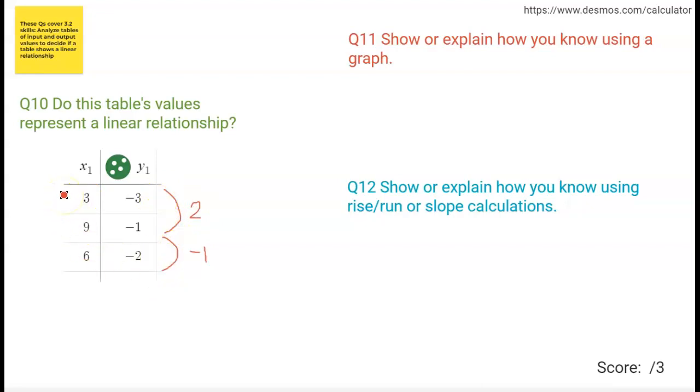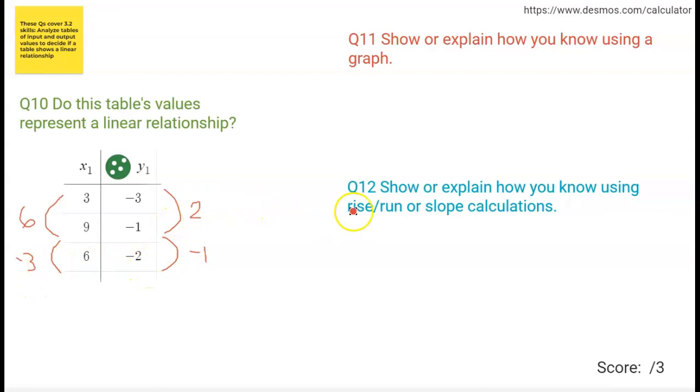If I look at my change in x's, from 3 to 9, that's a difference of 6. And then from 9 to 6, that's a difference of -3. It's going down by 3. So this is interesting. Now I can't make a definitive answer yet, but let's look.